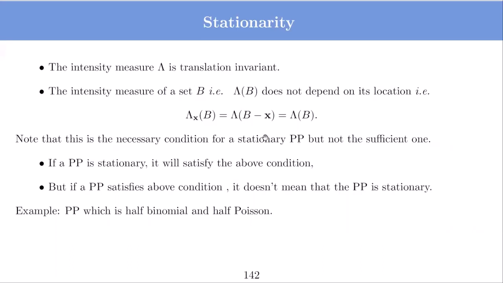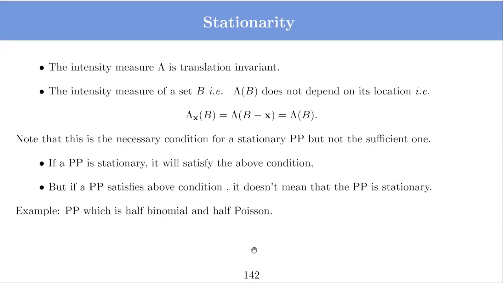An example of such is, consider a point process which is binomial on one side of the y-axis and Poisson on the other side of the axis. In that case, the intensity measure, no matter where you take, will be the same, because I'm choosing binomial and Poisson such that the intensities are the same.